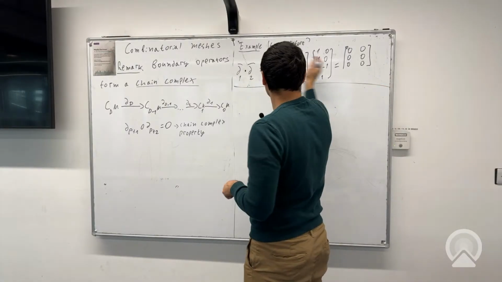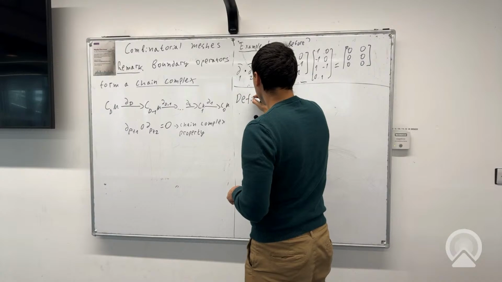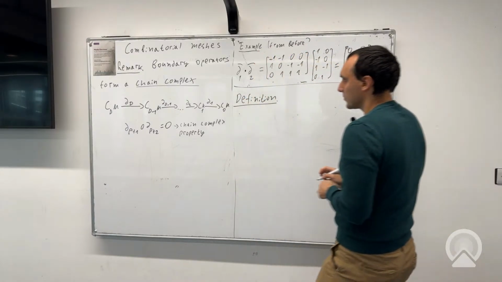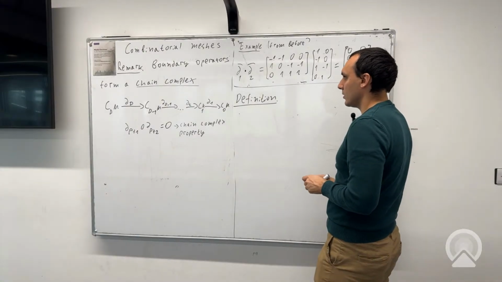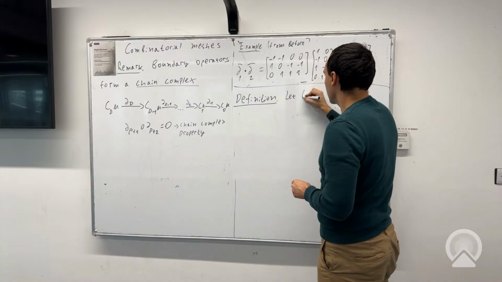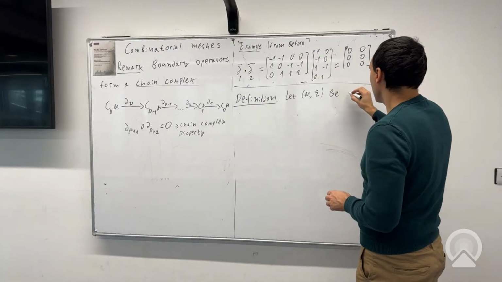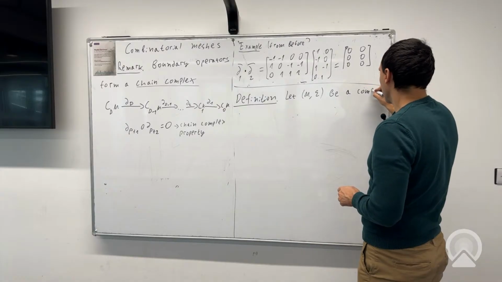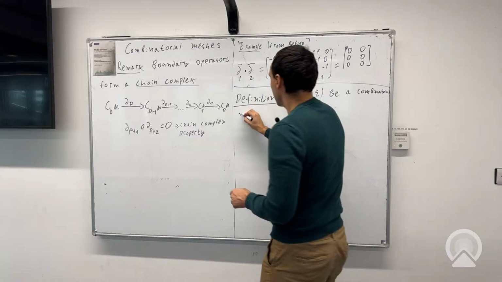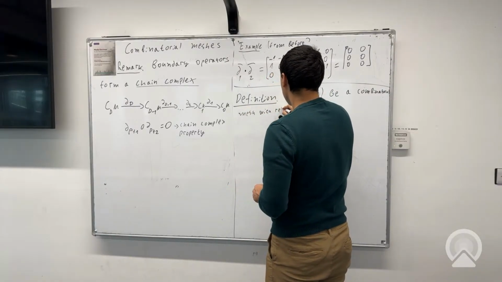So this is from before. I'm just using the same matrix for an example. So let M with epsilon be a combinatorial mesh with orientations, with relative orientations.